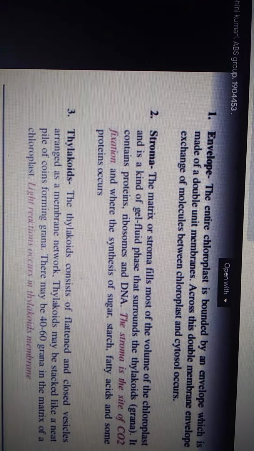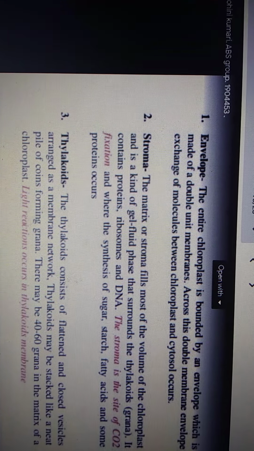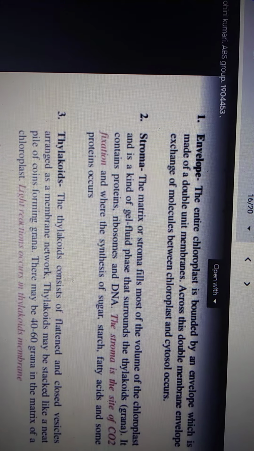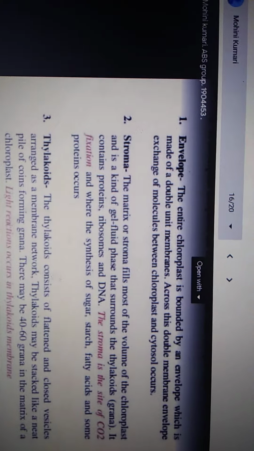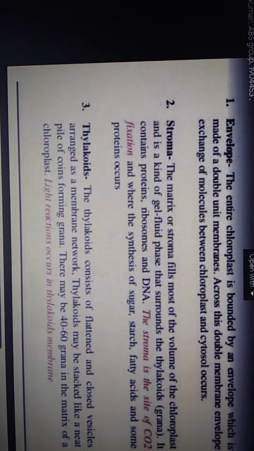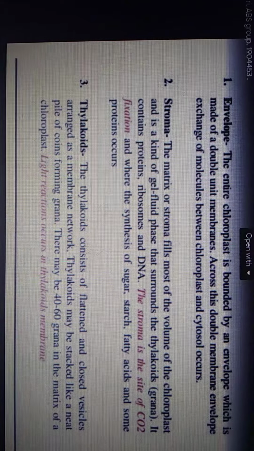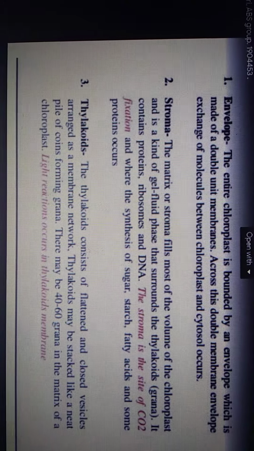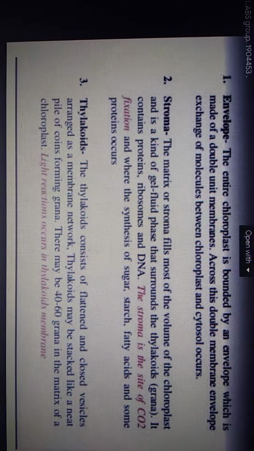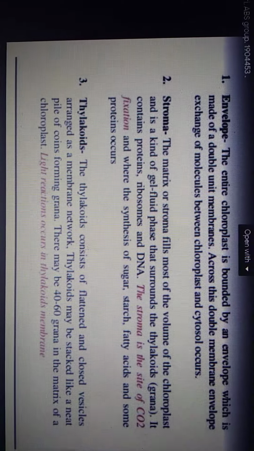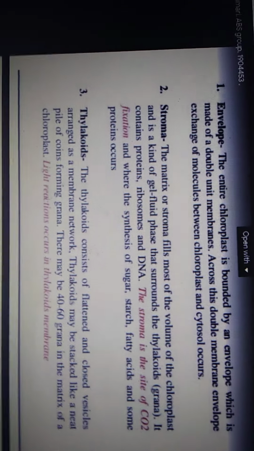The outer envelope contains the Toc complex, and the inner envelope contains the Tic complex, which together form the translocation complexes. That means these channels or pores transport the proteins which are formed in the cytoplasm inside the chloroplast.